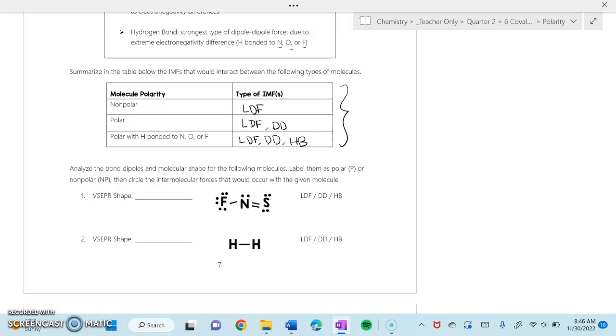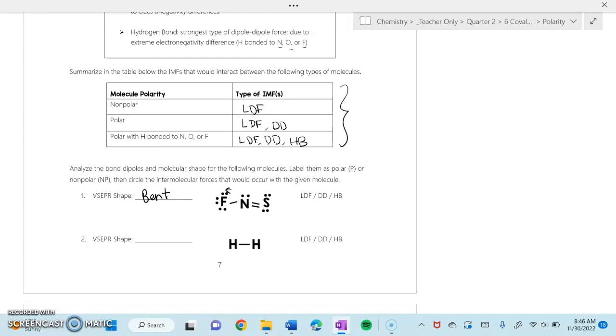So first, let's do the shape. We have two bonding regions and one non-bonding region. This would be bent. Hopefully you're getting good at finding the shape by now. If not, make sure you have that chart available so you can quickly check yourself. Now let's do the electronegativity. We have a bond here between nitrogen and fluorine.